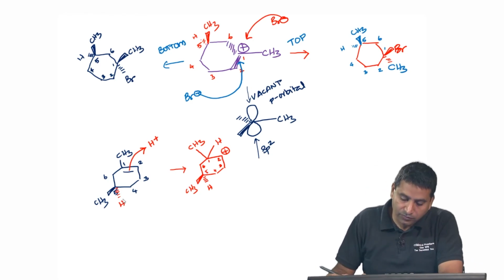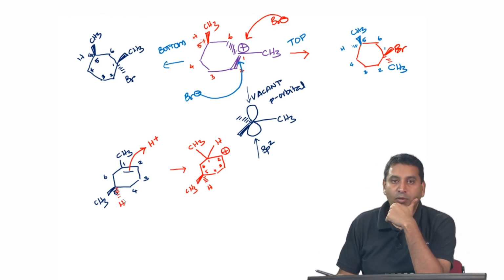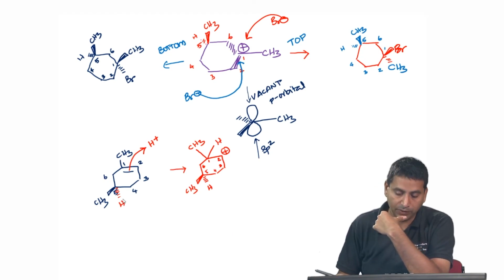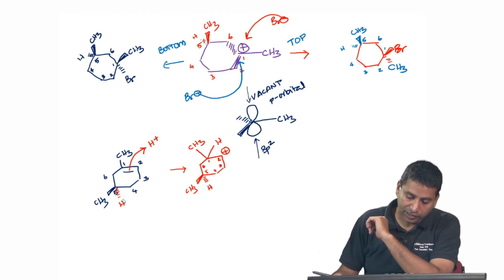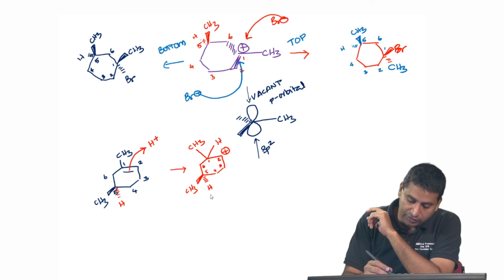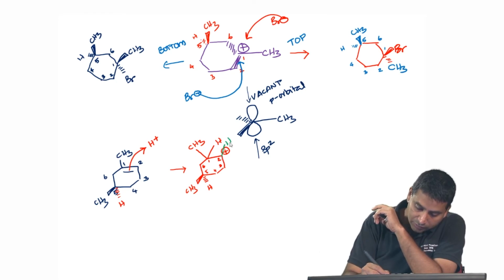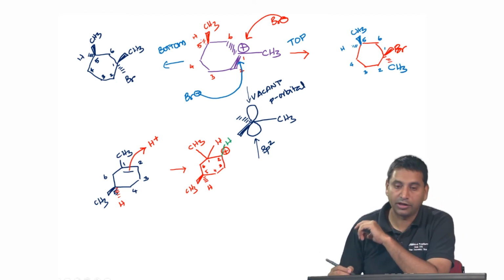Now, what is it about this carbocation that is different from the first carbocation? So, this carbocation is actually, let us see the number of hydrogens attached to it. So, there is 1 hydrogen attached to this carbocation.